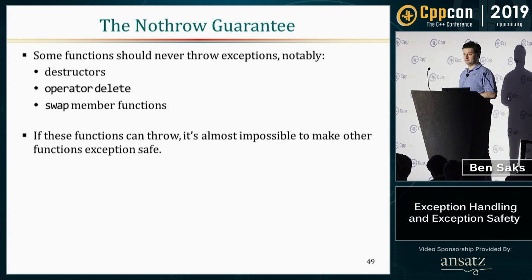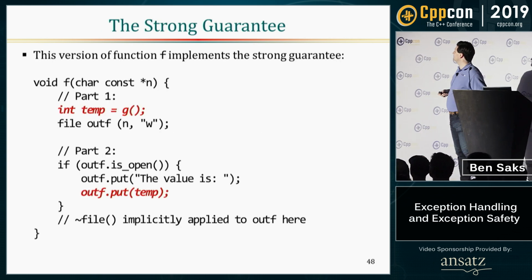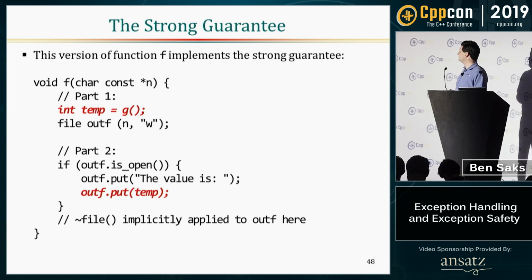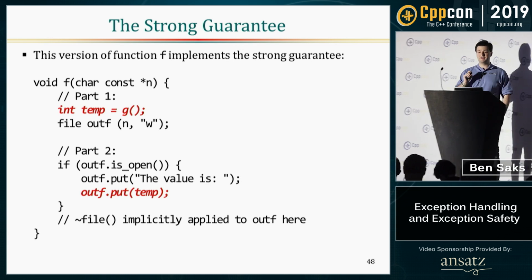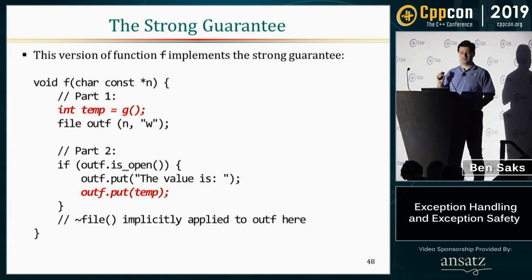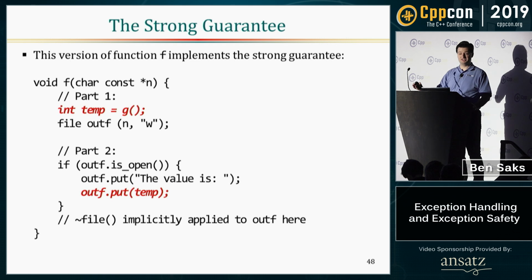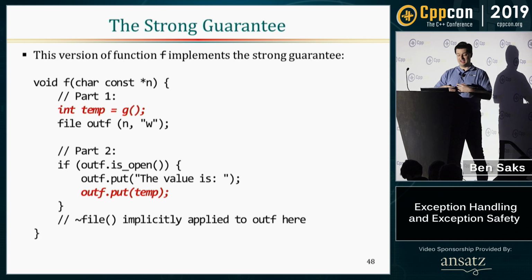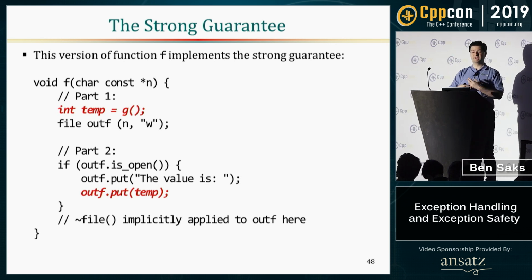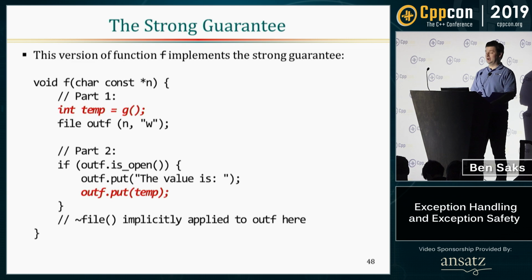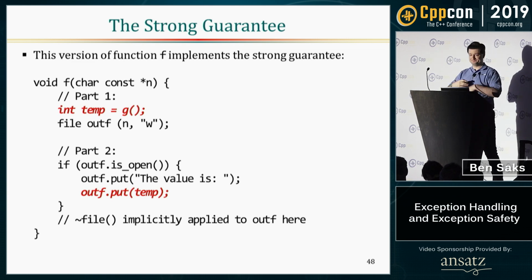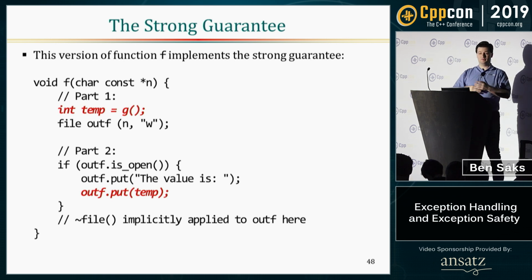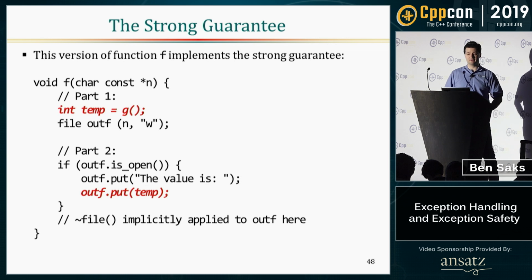Excuse me? Yep. Could you go back one slide? Yes. Is this really a strong guarantee because put could throw an exception? In this case, I'm assuming that put doesn't throw exceptions. It implements the no-throw guarantee for the purposes of this demonstration. Yes, if I had a more complicated situation, I might need to do other things depending on exactly what I'm doing, and we'll talk about some examples later on where we see other ways of implementing the strong guarantee.